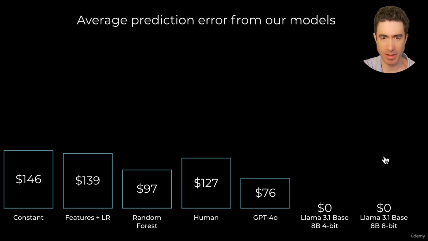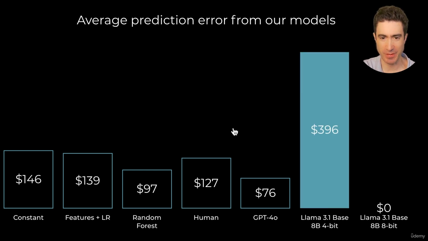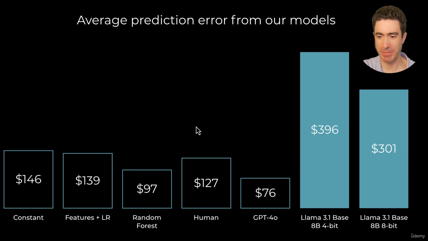And then today we've looked at the unfine-tuned base LLaMA 3.1, 8 billion parameters, quantized all the way down to 4 bits, and we saw that that was at 396, devastatingly bad. And it was only slightly better when we quantized to 8 bits instead, coming in at $301 of error. So clearly we're off to a bad start with LLaMA 3.1, but in some ways that's exciting because the challenge is on.